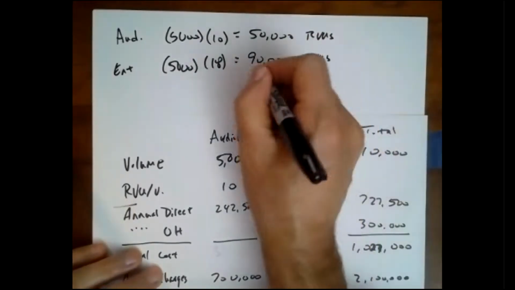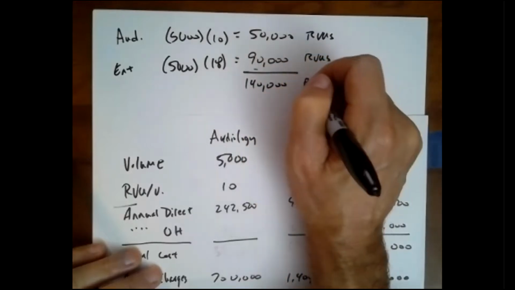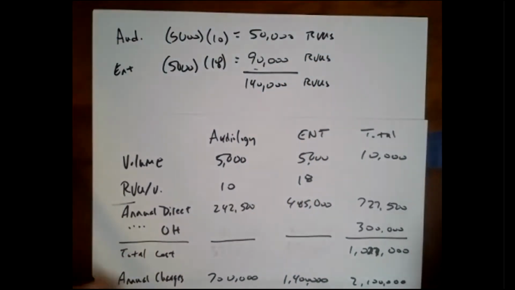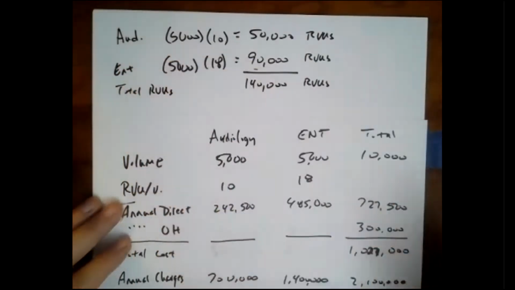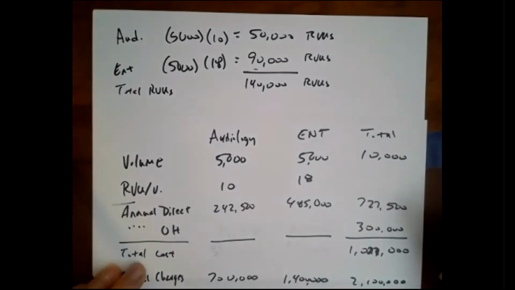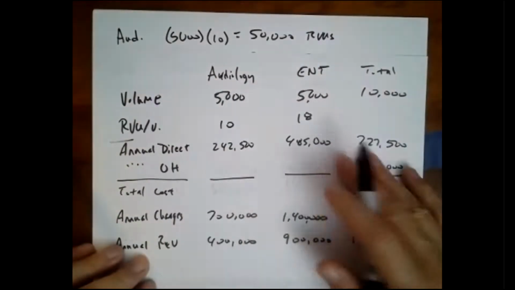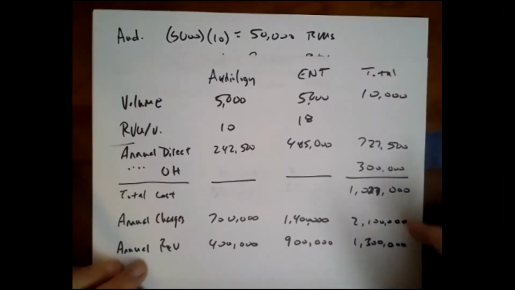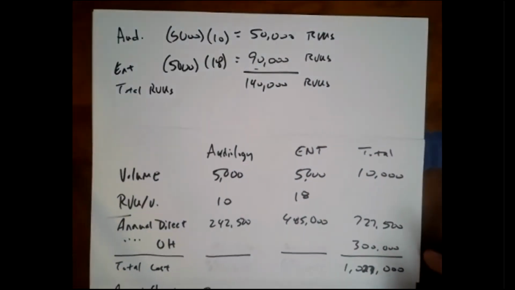If we add that together, that's 140,000 RVUs, which is the total RVUs for the combined hearing department, or whatever we want to call this. So the overall is 140. Just like we used the total annual charges or total annual revenues before, we're going to use the total RVUs as our cost driver.